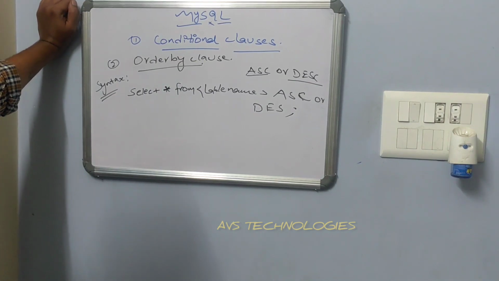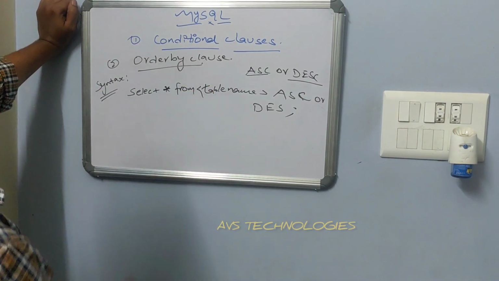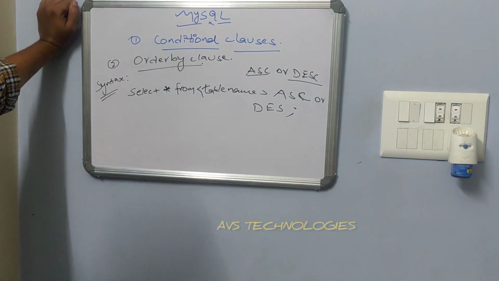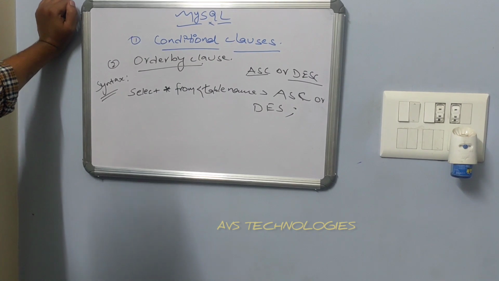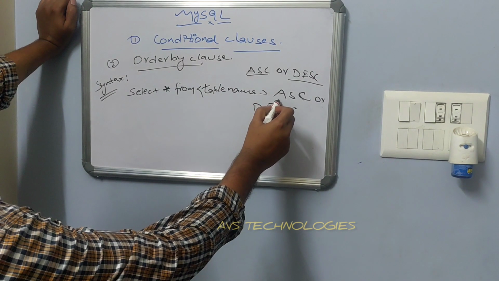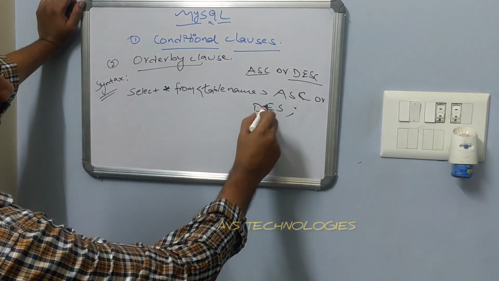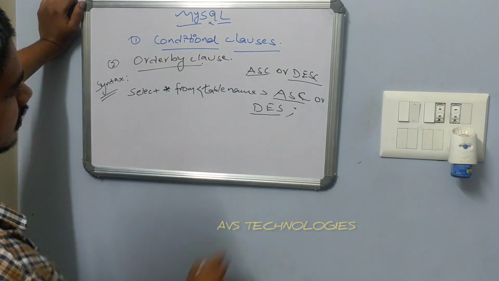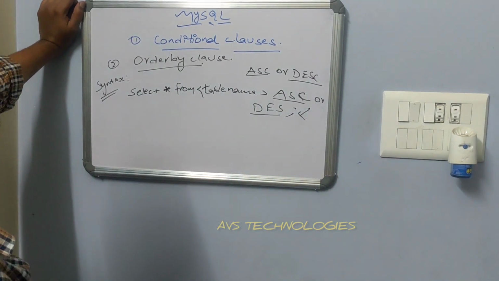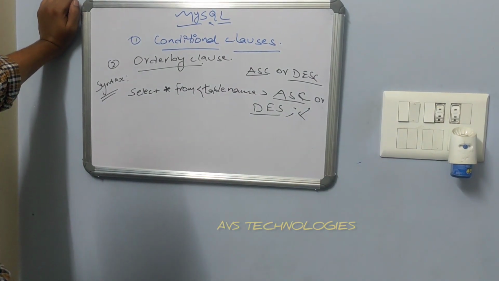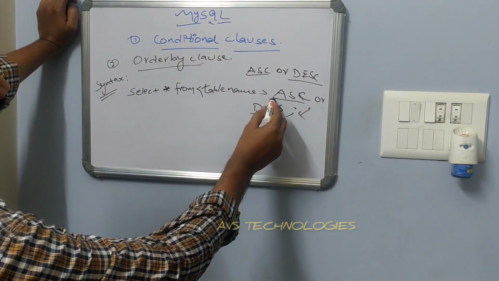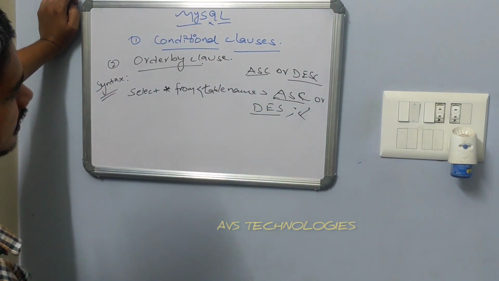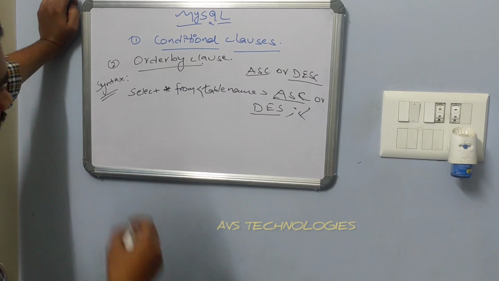This is how we write the order by clause statement. We will have either ascending order or descending order, not both. We will use only one at a time, ascending order or descending order.